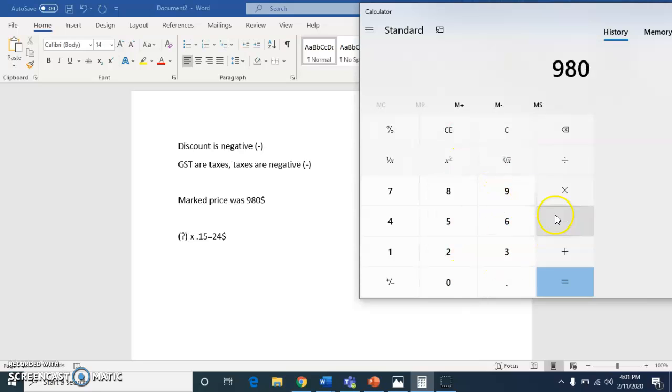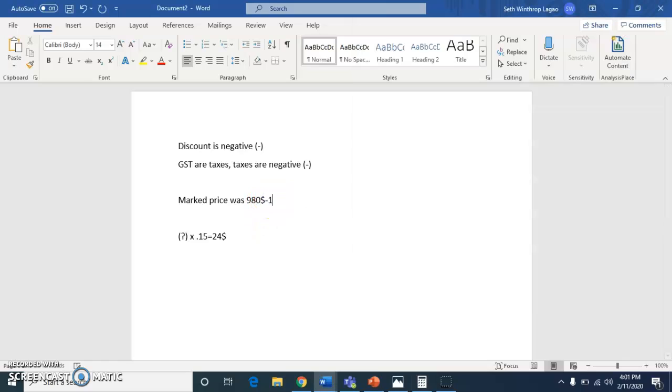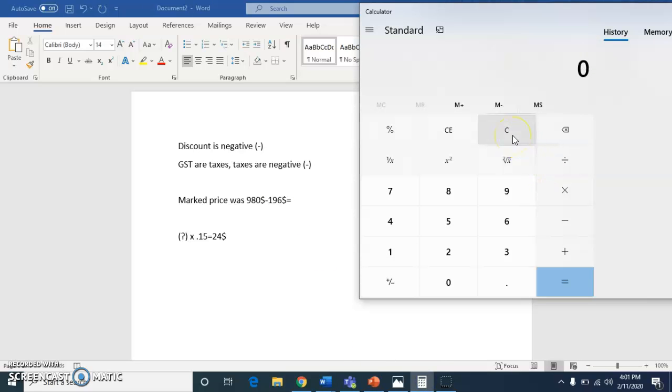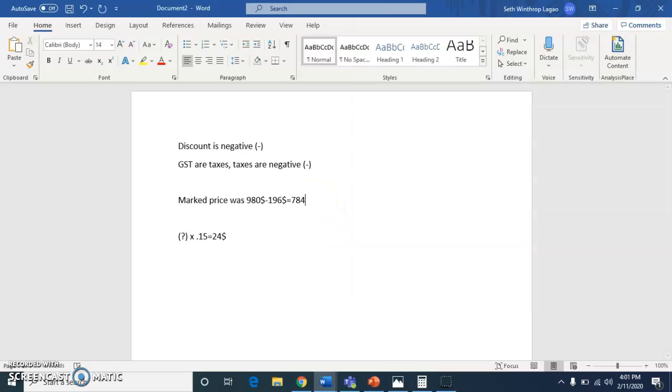So 980 times the 20% discount is going to give us a discount of $196, which means that the sale price would be $980 minus 196, $784 as the sale price. Let me put that here. Selling price.